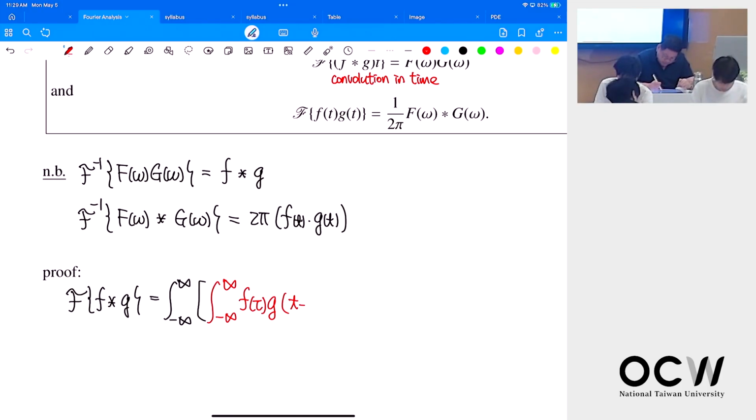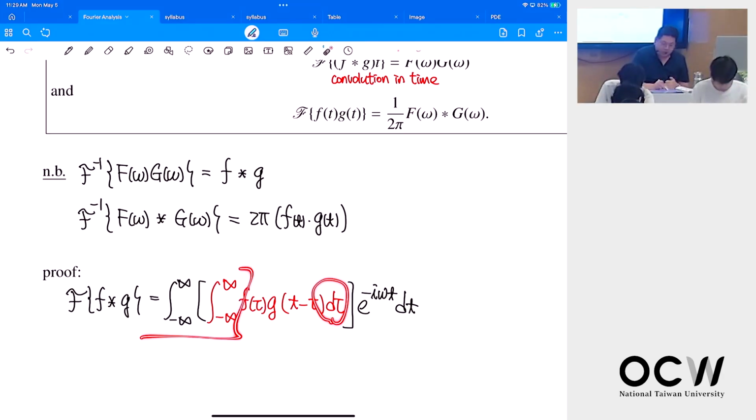So g of t minus tau, and then times exponential to the minus i omega t dt. I have a d tau. We'll do the integration with respect to tau and t.